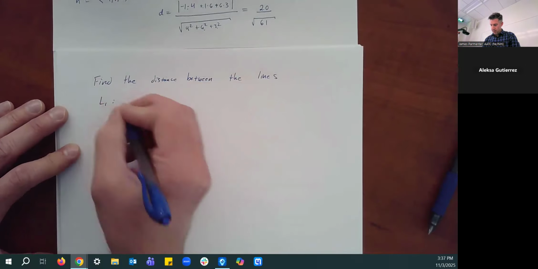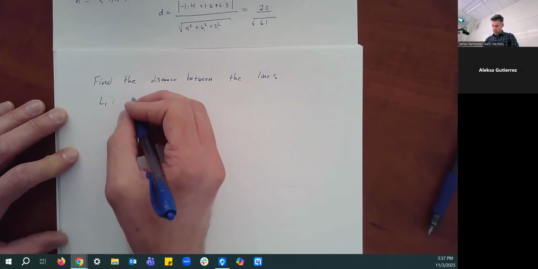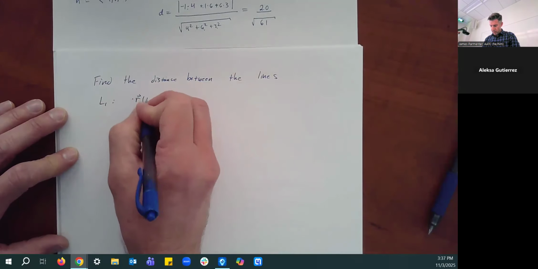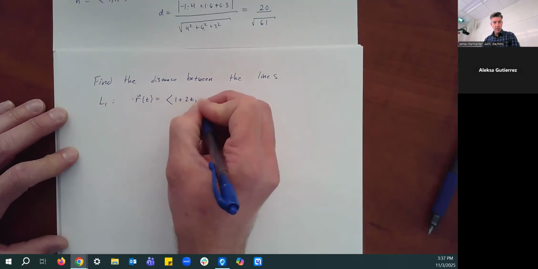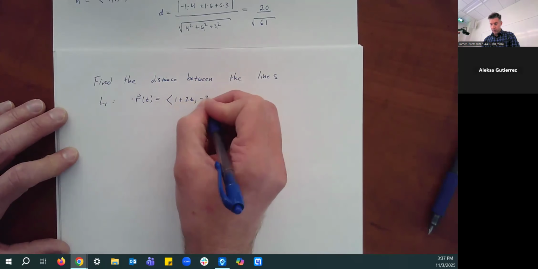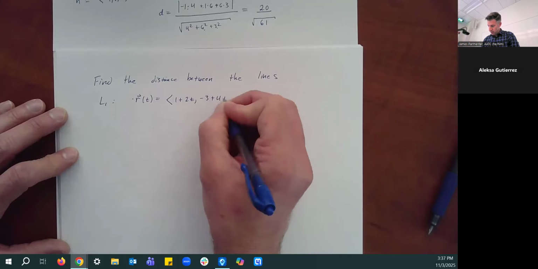L1 is given by, I'm just going to write it as a position vector, R1 of t equal to (1 plus 2t, negative 3 plus 4t, negative 1 minus t).